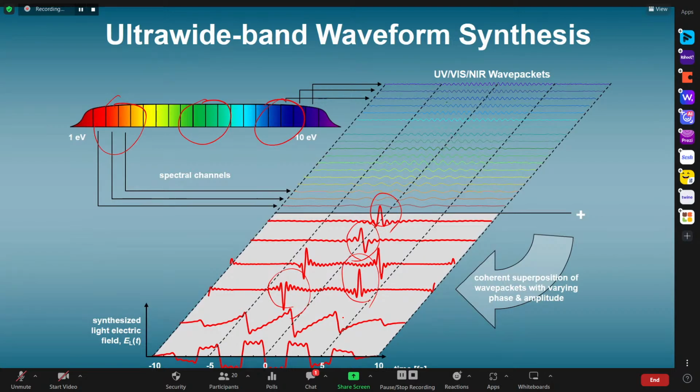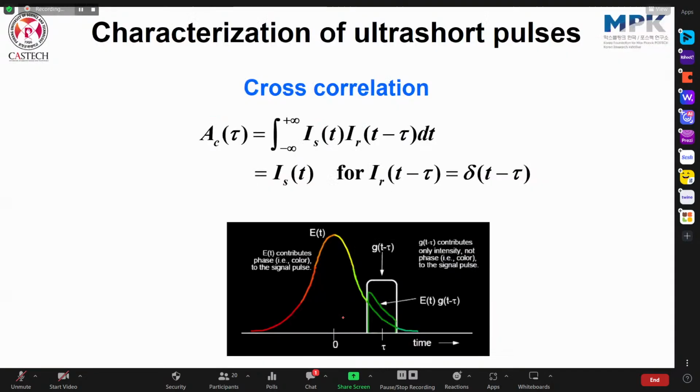So it is very important to characterize the ultrashort pulse very well. In the past, people have developed various methods. One of the most popular ones is cross-correlation.